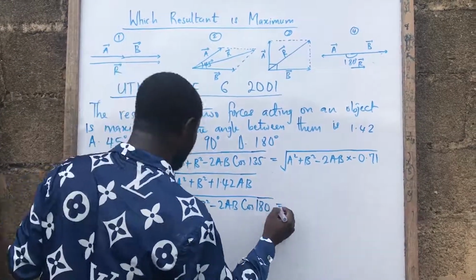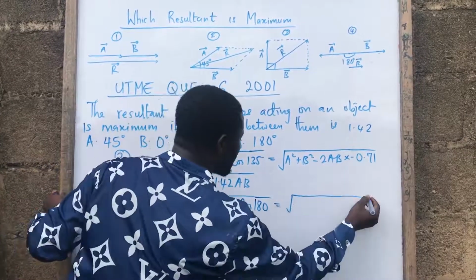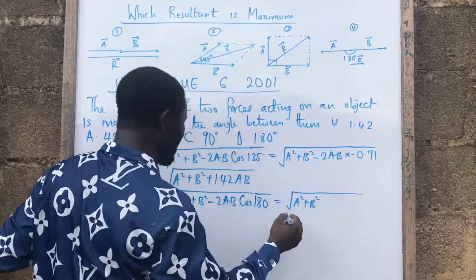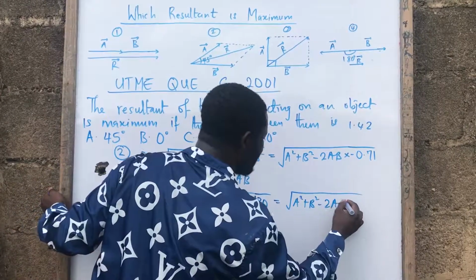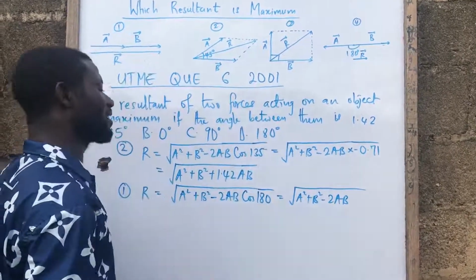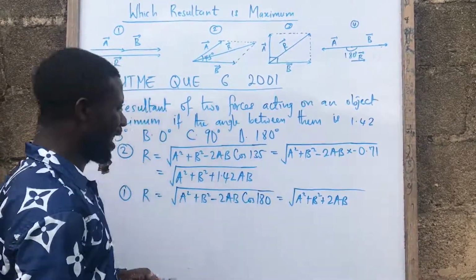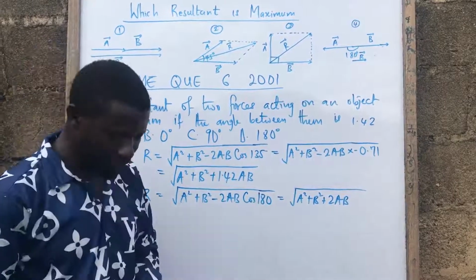When I do this, I will have A square plus B square minus 2AB. Since cos 180 is minus 1, this one will change to plus, and this is what I'm going to have.